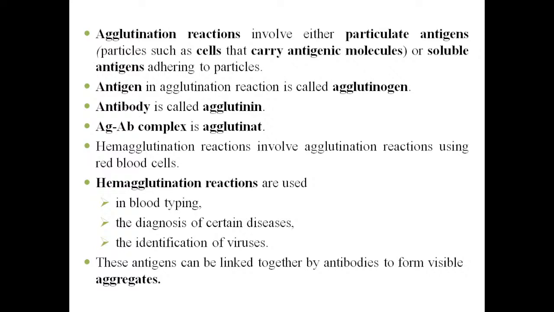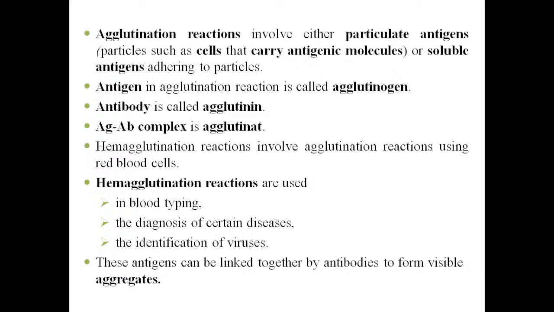Mostly these are particulate antigens: bacterial cells or other particles that carry antigens on their surface. Antigen in agglutination reaction is called agglutinogen. Antibody is called agglutinin. And their complex, antigen and antibody, is called agglutinate.